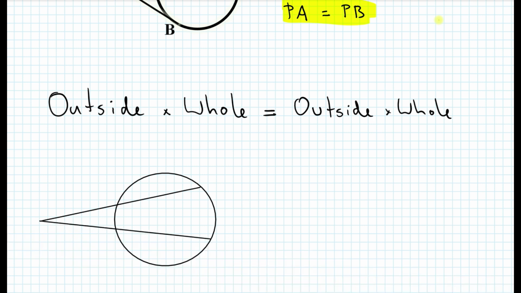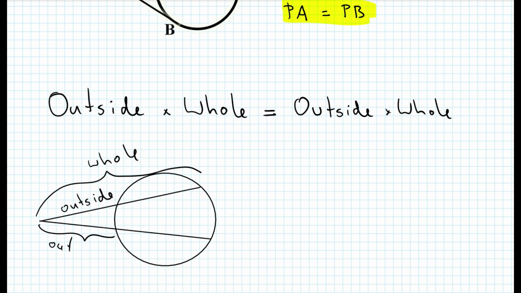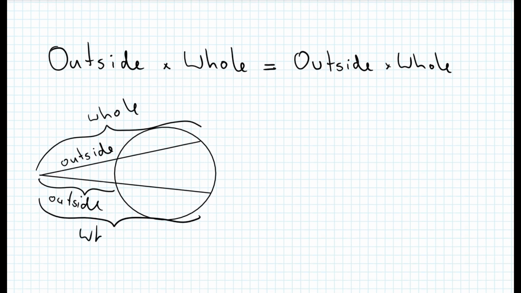Okay, so that means that this piece here is considered the outside, okay? And this piece is considered the whole. Similarly, we have this piece on the bottom that is considered the outside, and this entire piece is considered the whole, okay?